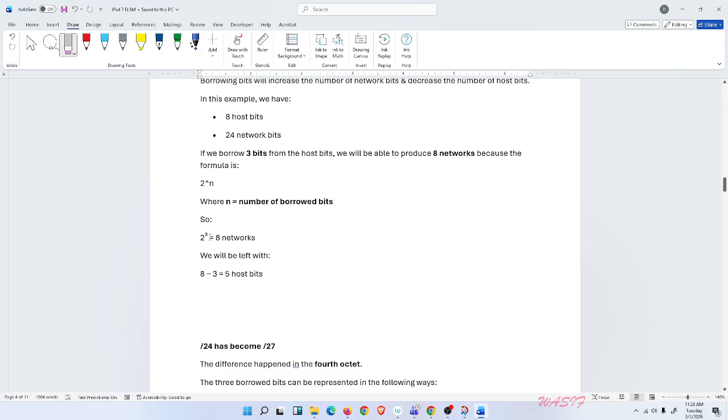So if you borrow 3 bits out of 8 host bits, you will be left with 8 minus 3, 5 host bits, okay?